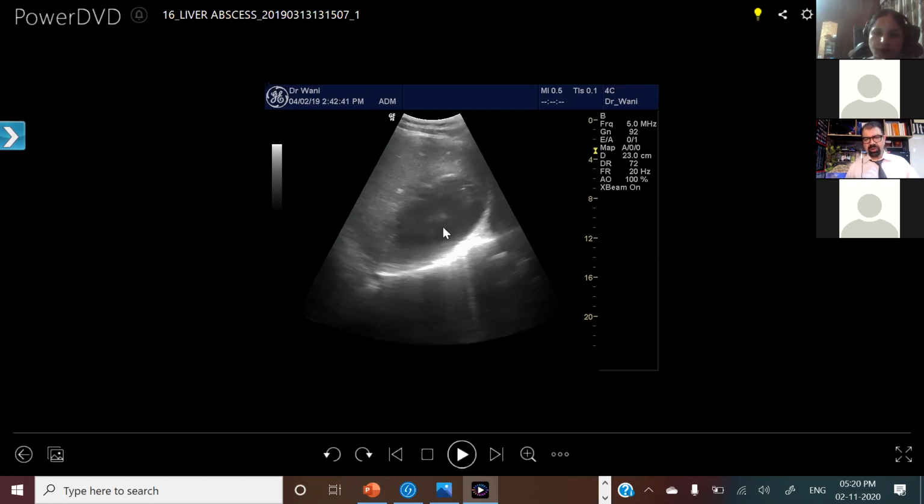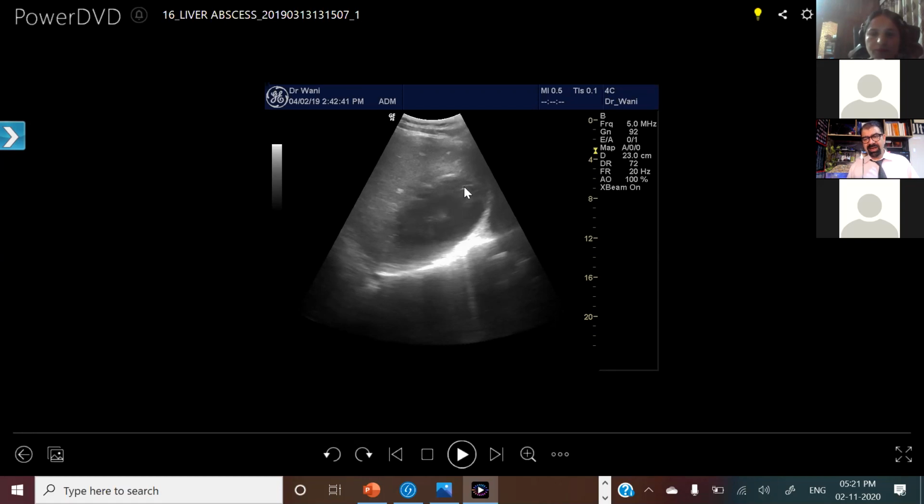Can I aspirate this abscess? Can I attempt to put a needle, or will I suggest putting a needle in this abscess? Yes or no? And if no, why? No, because it is not liquefied yet. Very good, because this is not liquefied.